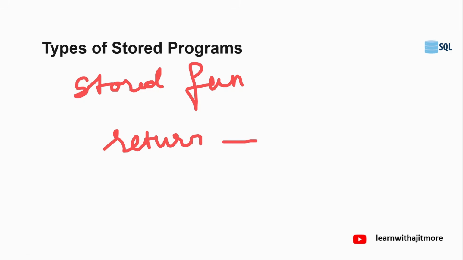Such a return statement you cannot write in a stored procedure. In a stored procedure, what is not allowed? Return statement. Whereas stored functions strictly contain a return statement and it is going to return some value.